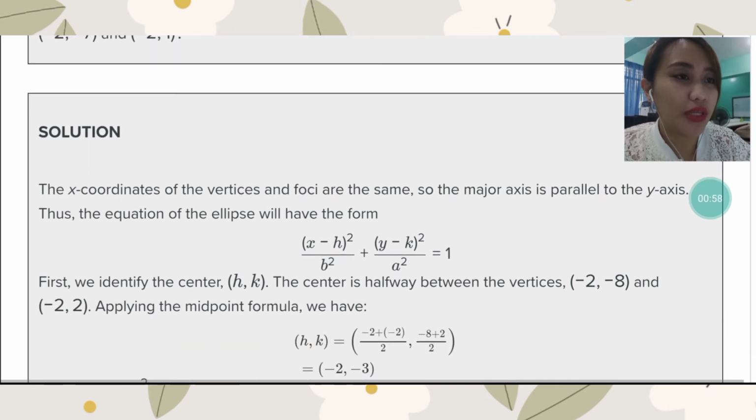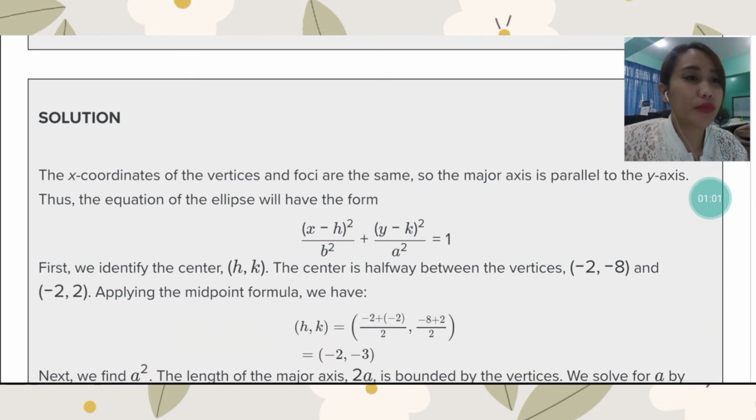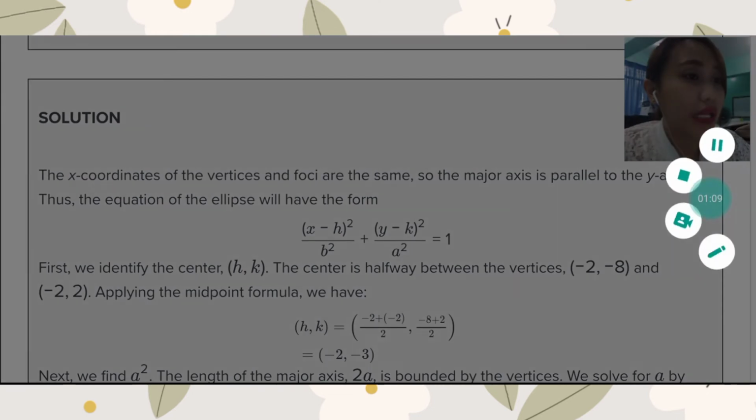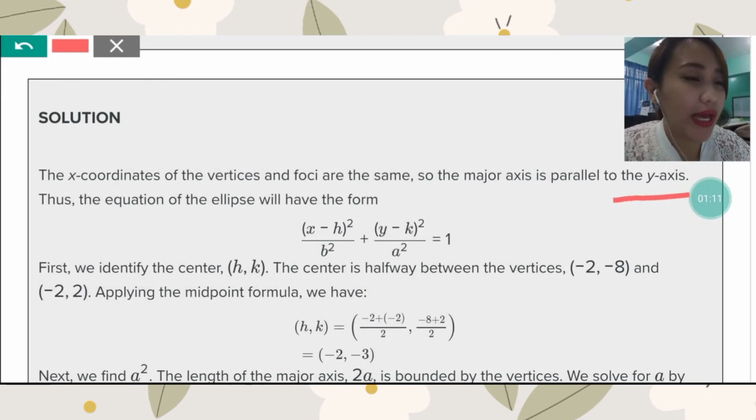So let's proceed with our solution right here. The x-coordinates of the vertices and foci are the same, so the major axis is parallel to the y-axis. Take note of that. That was given in the steps earlier. Since all the x-coordinates are the same, the major axis is parallel to our y-axis.